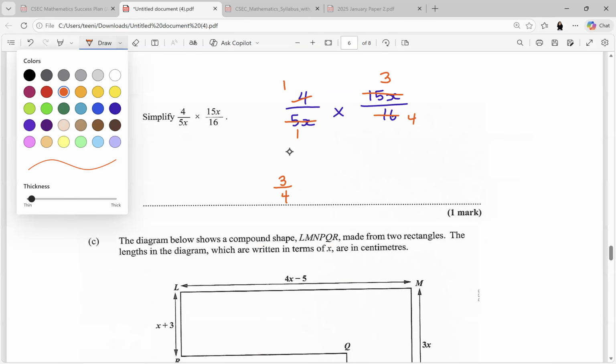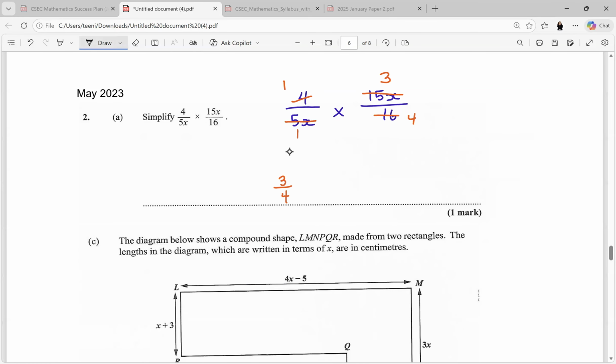If you think it would be easier for you to write it out like this, well, 4 times 15x would be 4 times 15 times x all over 5x times 16 is 5 times x times 16. You could write it like that as well.